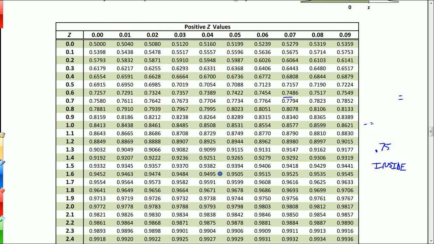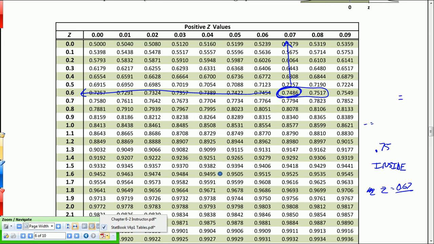Here we go, right here: 0.7486 and 0.7517. Again, 0.75 is not in there, but this one is closer, 0.7486. But again, we weren't looking for that. We're actually looking for the z value, and the z value starts with 0.67. So z equals 0.67. Alright, so let's go back to our problem here.